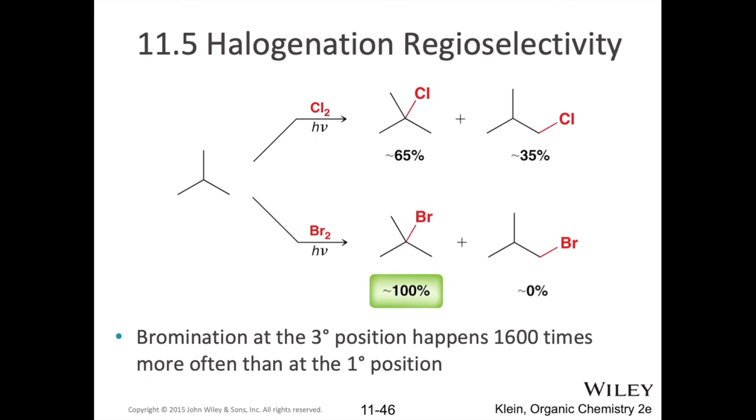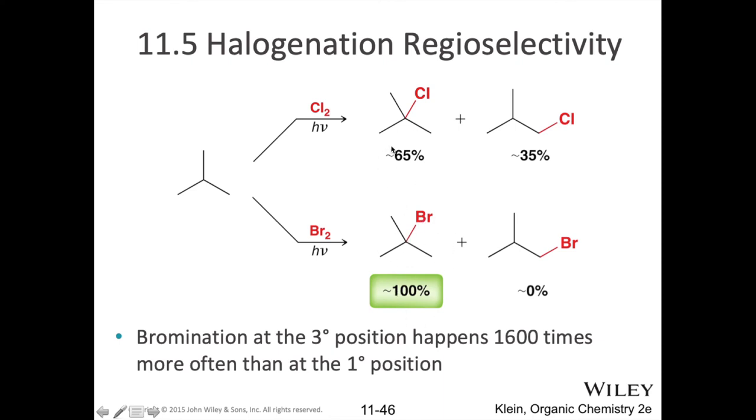Okay, so for example, here we're using 2-methylpropane, but if we had 2,2-dimethylpropane, so we had another methyl group over here, then that central carbon has no hydrogens to abstract. You've only got terminal carbons, right? So then chlorination would be fine because you only have one possible product you could make. But here, if we want to halogenate that central carbon, bromination is the way to go.